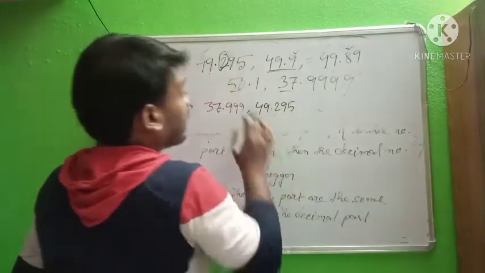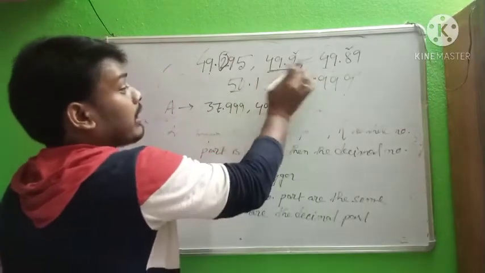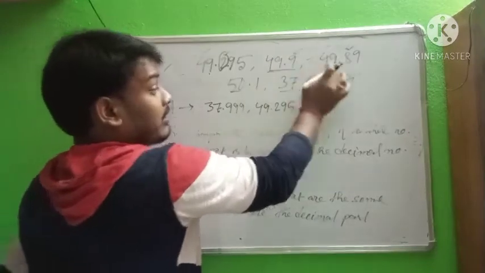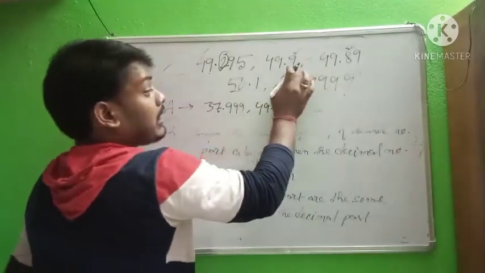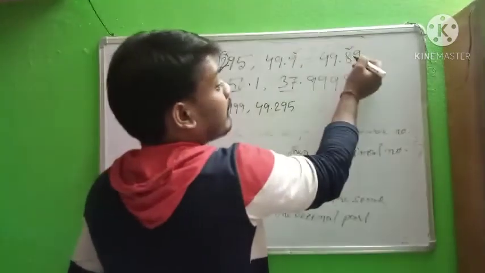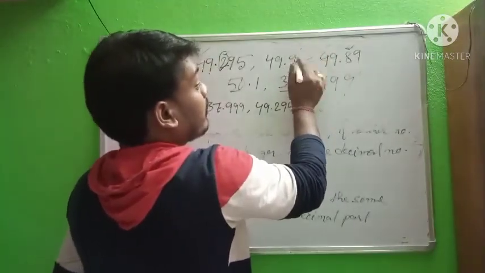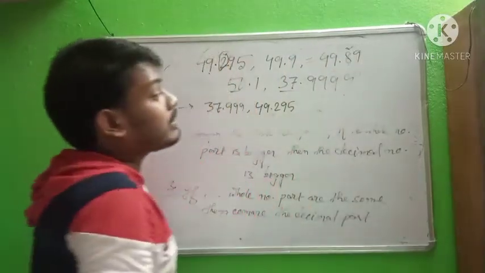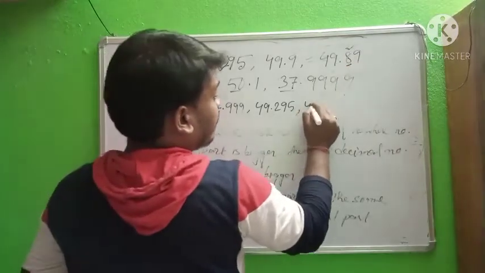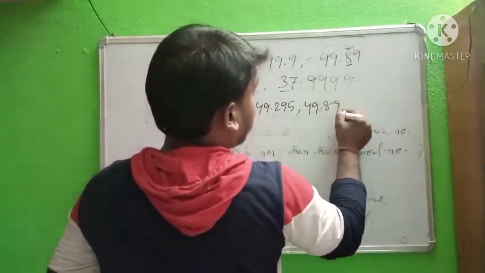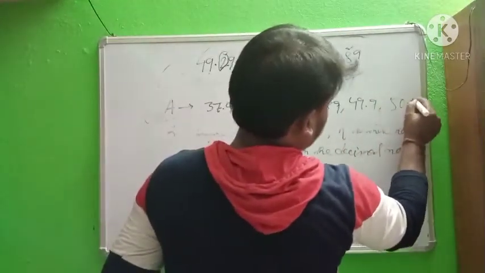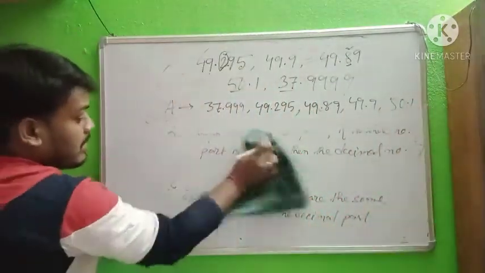After that, three numbers are left. In two numbers 49 is there, so we check the decimal places. 9 and 8, which one is bigger? 8 is smaller, so this value is smaller. 49.89, then 49.9, after that 50.1. Okay, I think you understood.